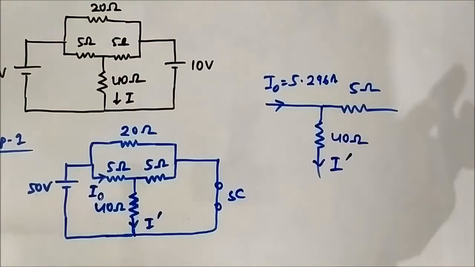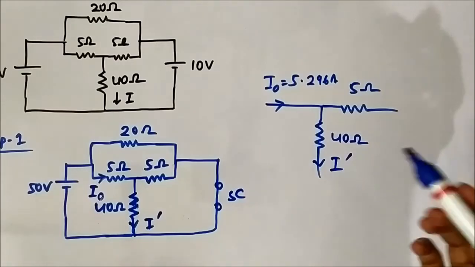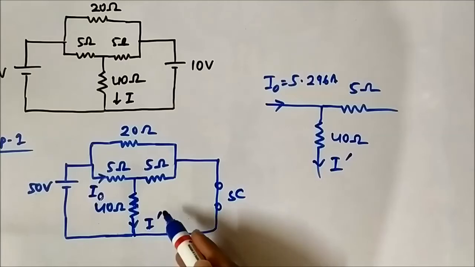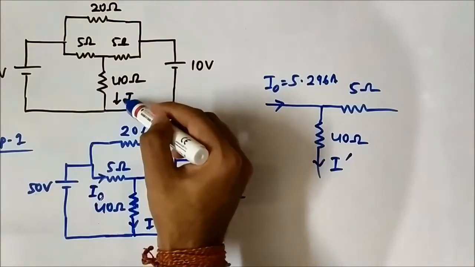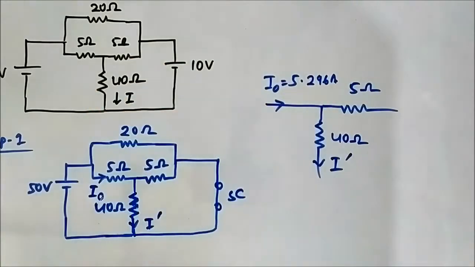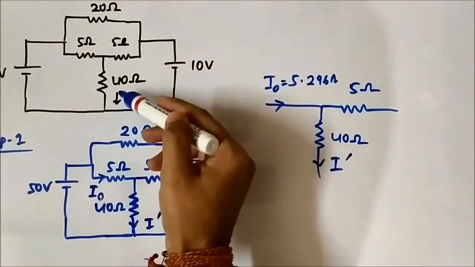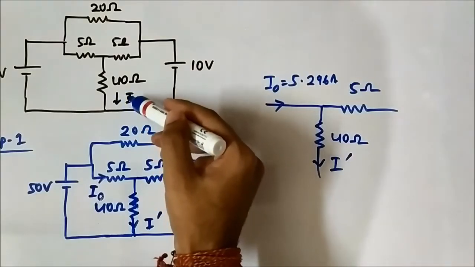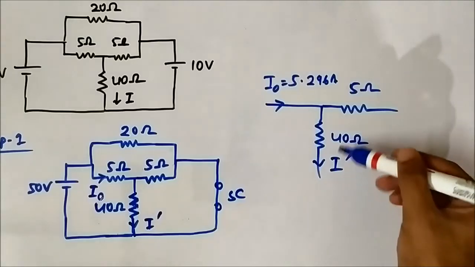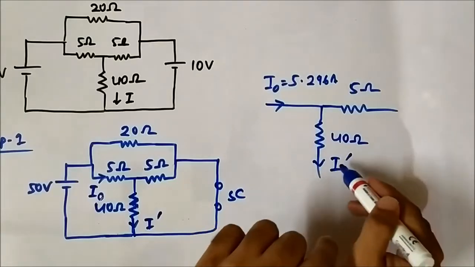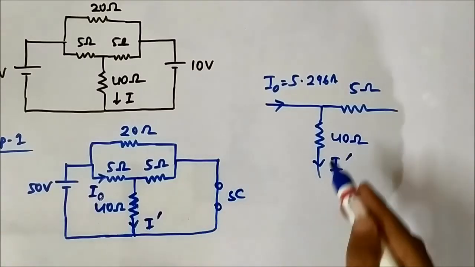Again we have to apply the current division rule. The direction of I dash is very important; we have taken it downward. The original current direction which we have to determine is also downward. That is very important because this is the reference, and all the calculations have to be done with respect to this. It is okay as per our choice.